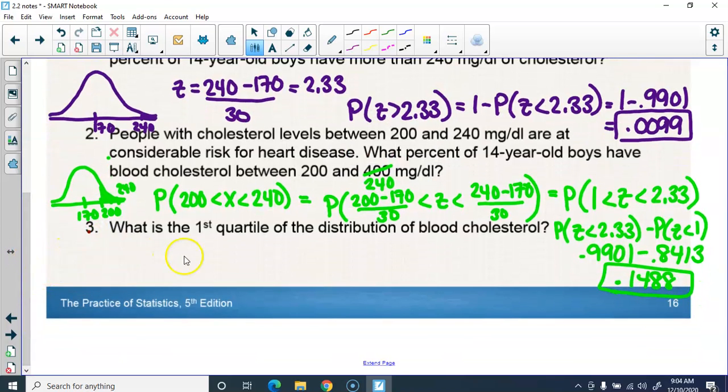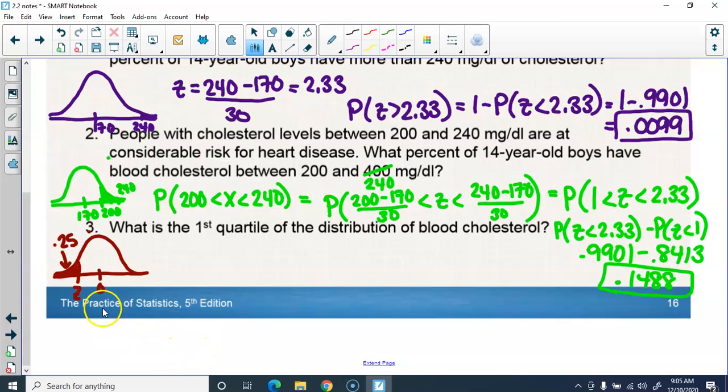What is the first quartile? Remember that quartiles correspond to cutting our data into quarters. If we're looking at it in terms of z's, we're going to work backwards here. The first quartile, whatever z value this is, needs to correspond to 25% of the data being to the left.